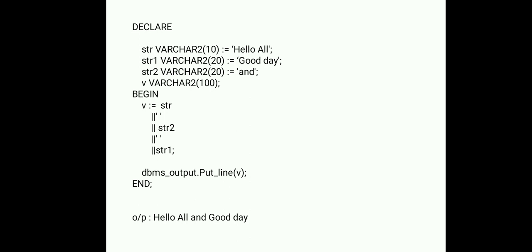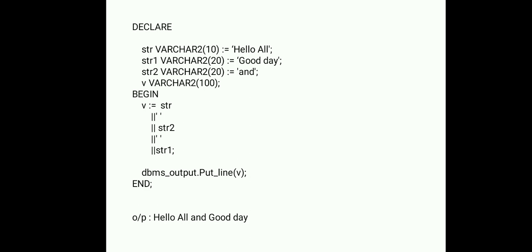First, str1 is stored with hello all, str2 is stored with good day, and v is currently not having anything, it is having only an empty space of size 100. So in the begin section, what I have written is that my v, the empty variable, should have the output of str1 concatenated with space, then concatenated with str2, and then I have returned the output statement.